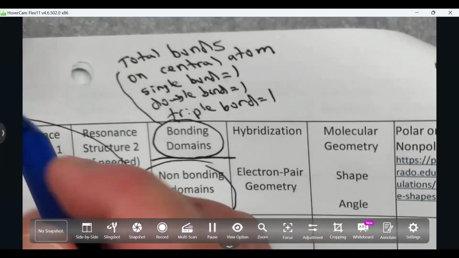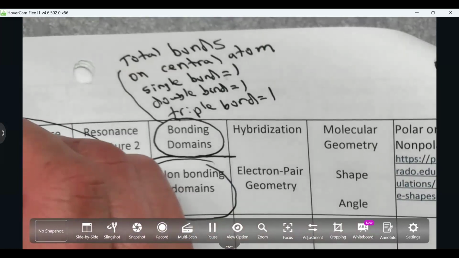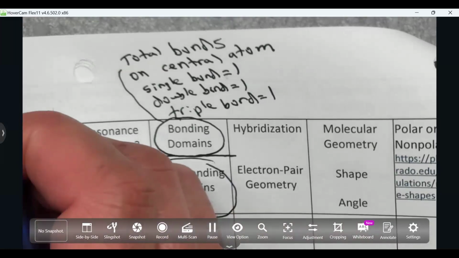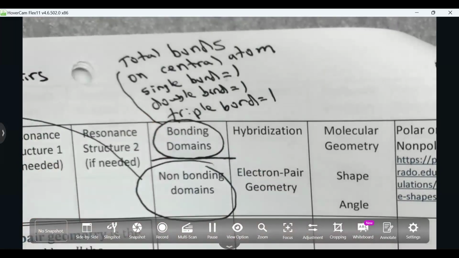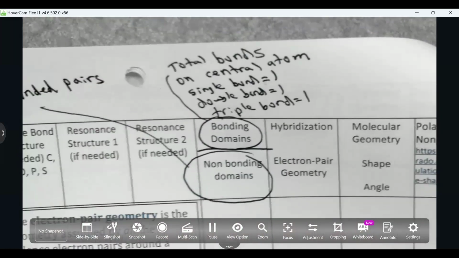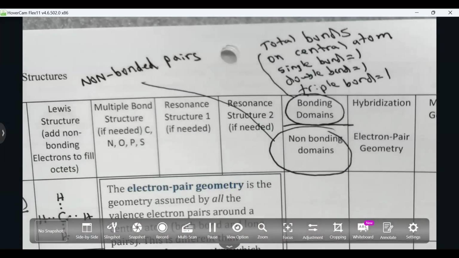Non-bonding domains are just non-bonded pairs. And I'm going to show you a video before we get done here.